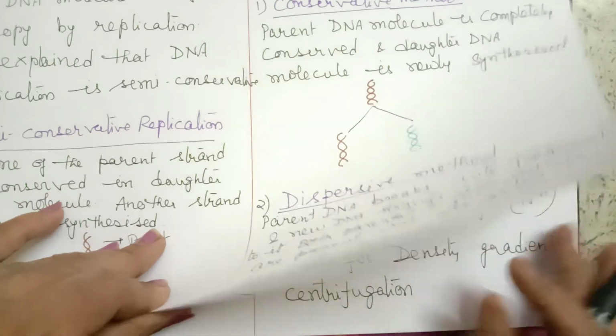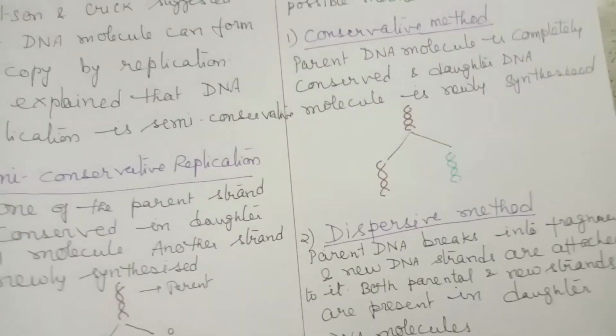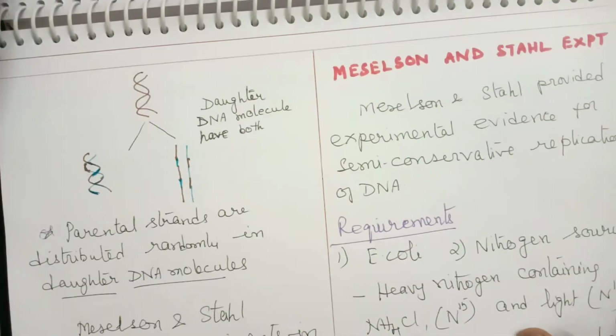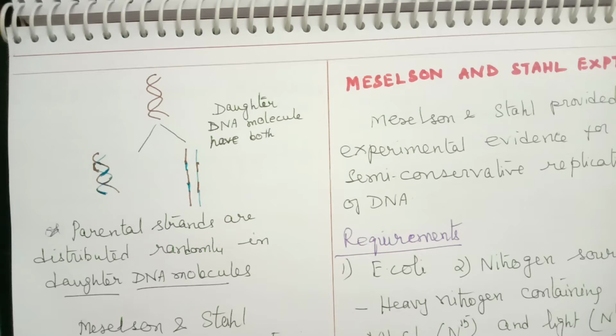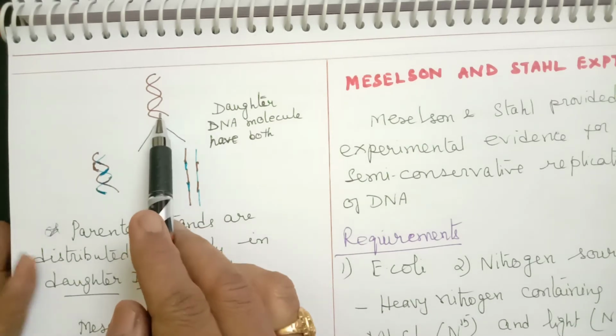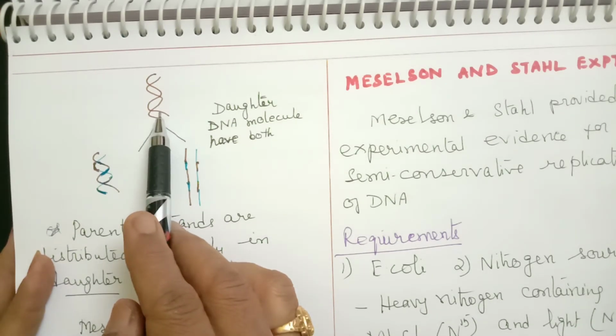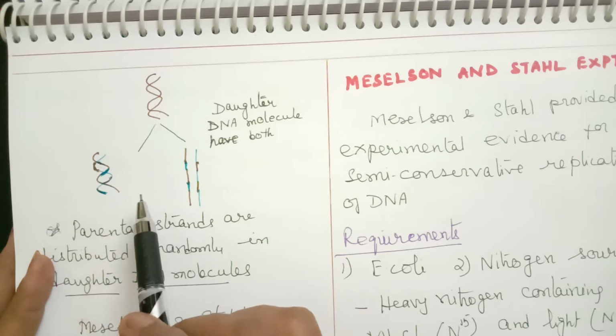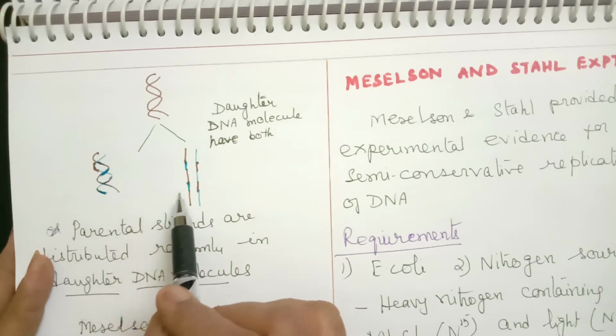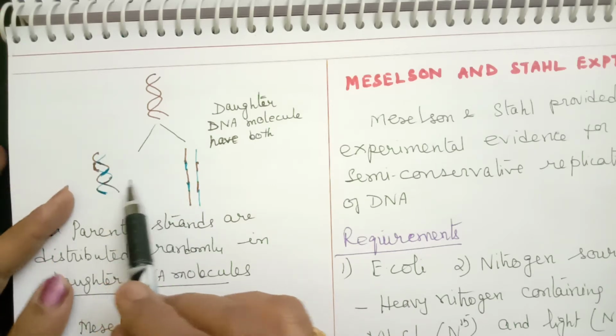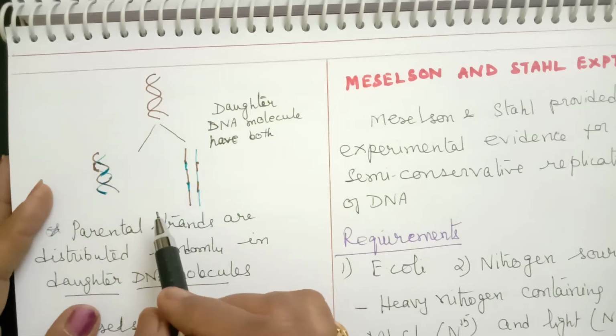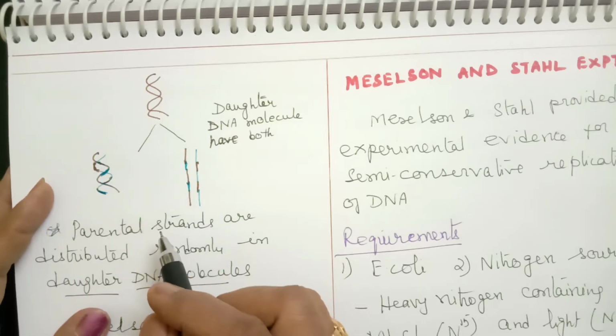How exactly does the process happen? Suppose this is a parent DNA molecule. It can break into different fragments. The two strands can separate and it can break into different fragments.